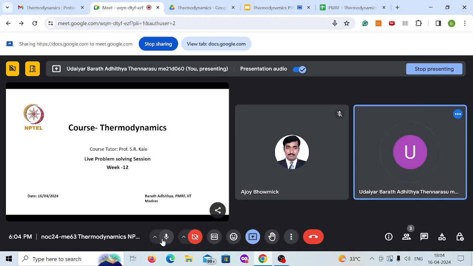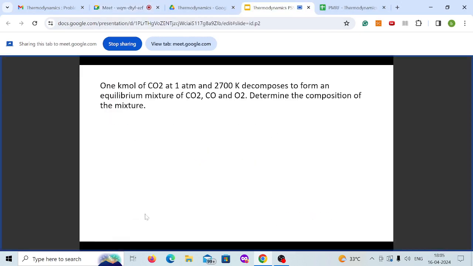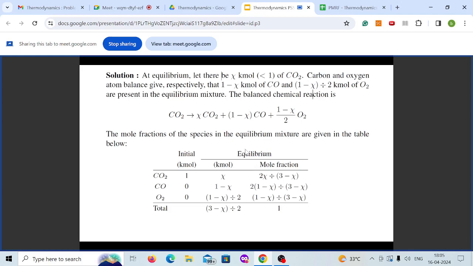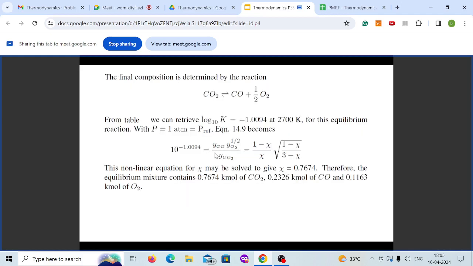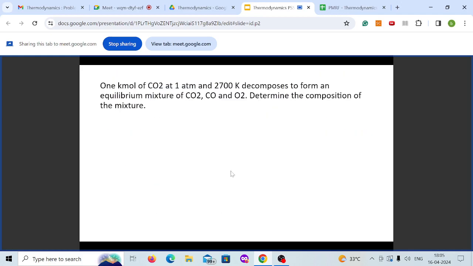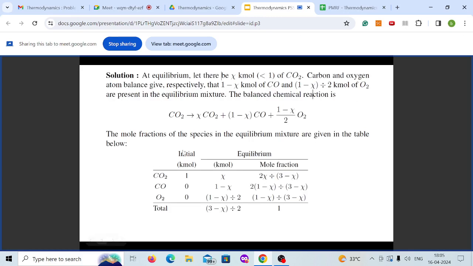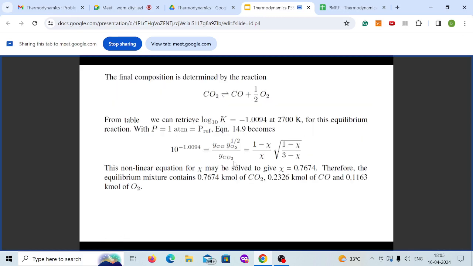So with that note, we will see how to solve these chemical equilibrium problems. For that, we'll use a concept called the K value, which is defined as, and this all comes from the Gibbs energy and equating the chemical potential.